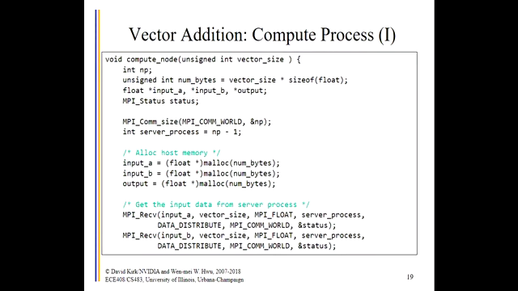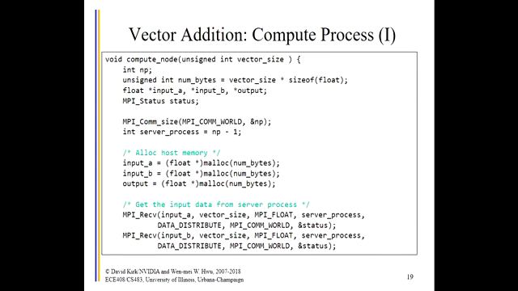If we look at the compute node, these are the nodes that will receive data from the data server, do the computation, and send the output back to the data server. So we need to have local memory allocation. In CUDA, this is already done on the host, right? The host code does all this memory allocation.